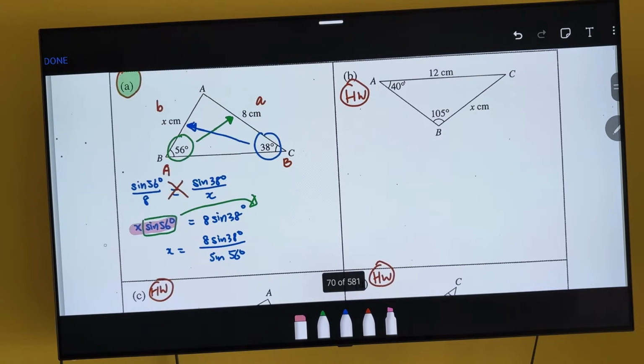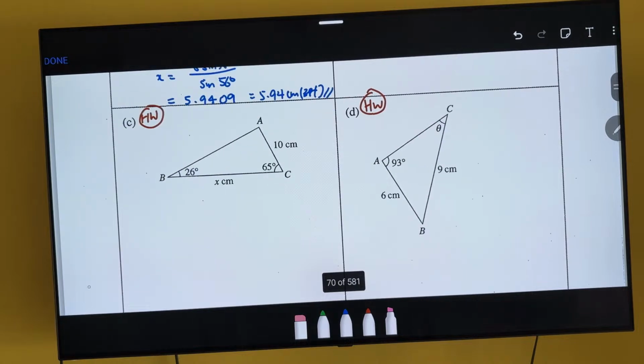From there, we can find the value of x. Let's move on to the next few questions. In the meantime, you can do questions B, C, and D.